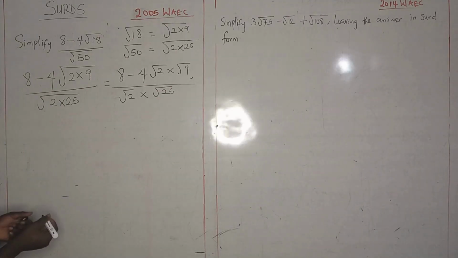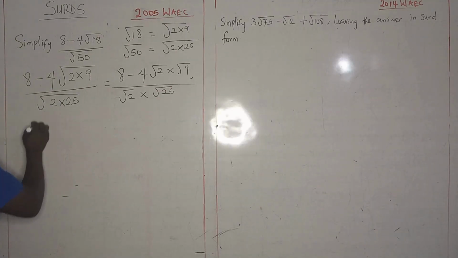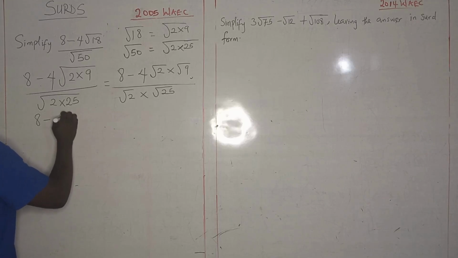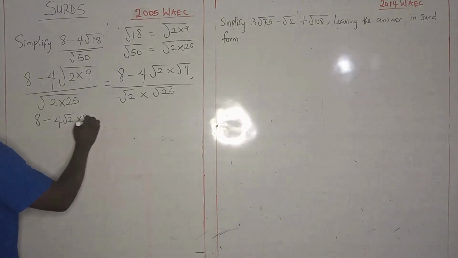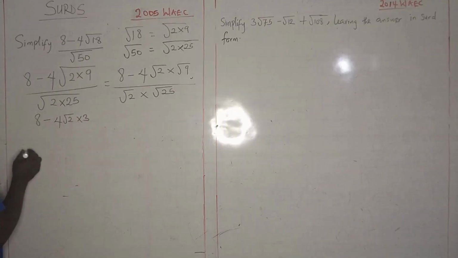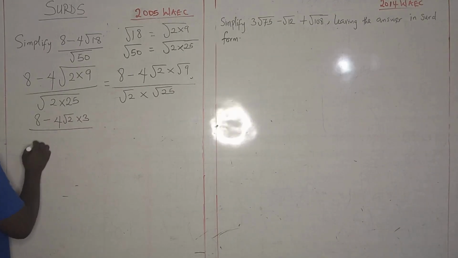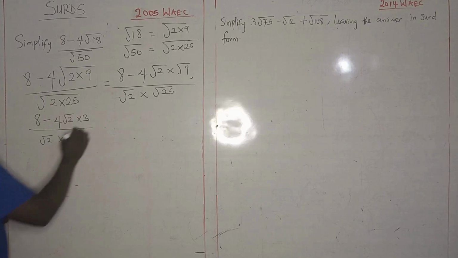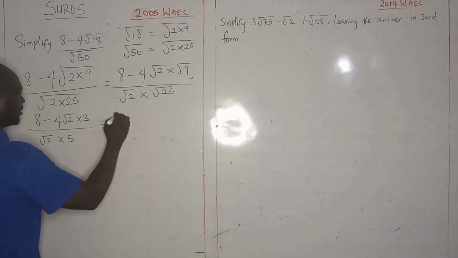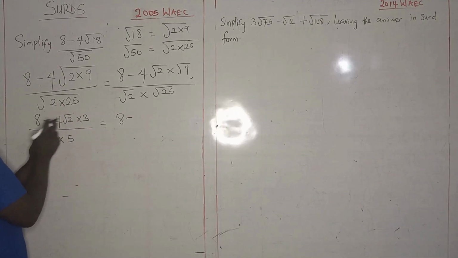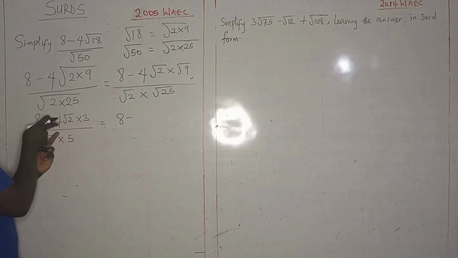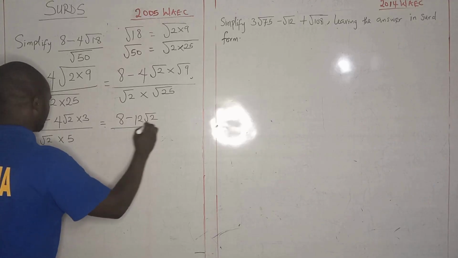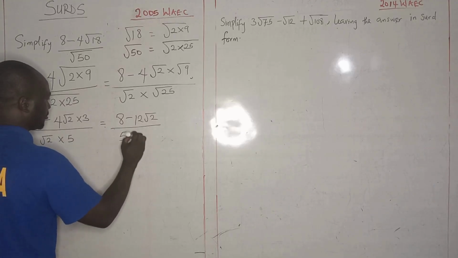Now, this is the same like we did before. This will be 8 minus 4 root 2 times 3. Square root of 9 is 3. And then over root 2 times 5. This is the same thing as 8 minus, now this 3 multiplied by 4, we multiply the number outside, that will be 12 root 2 over 5 root 2.